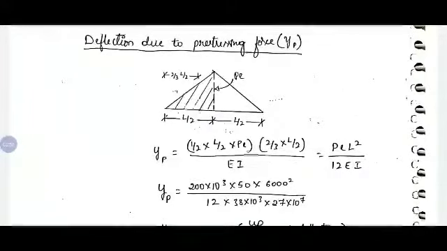Here, for deflection due to prestressing force, since it is a triangular shape, we take the moment of area of the bending moment diagram over half of the span with respect to support. So half of the bending moment diagram is represented as the shaded area.